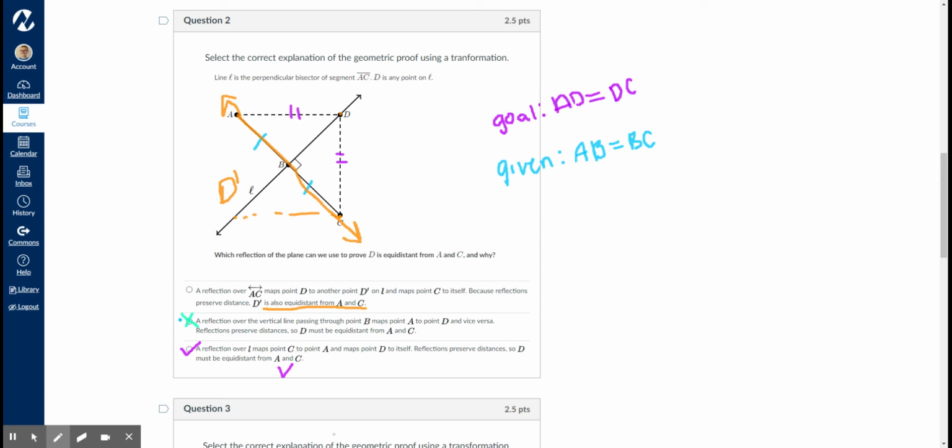You can't assume the thing you're trying to prove. So letter A is incorrect because it is assuming the thing that we're trying to prove, our goal, instead of starting with what we were given. So you always want to start with the stuff you're given and work from that using things you know to the thing that you're trying to prove. So that's why we can't use letter A, because it assumes our goal.